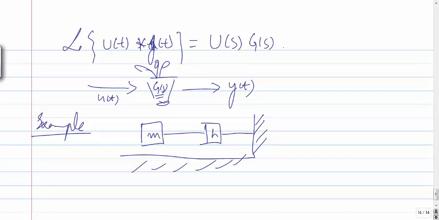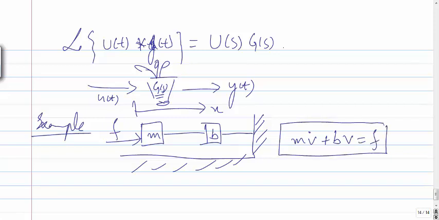Mass is m, damper is b, and force is applied here. This is the way displacement is done. When we want to write the equation in terms of velocity, it becomes m v dot plus b v equal to f. So this is the equation.